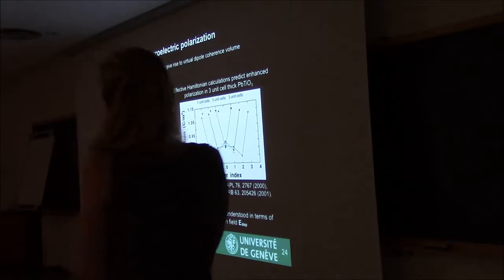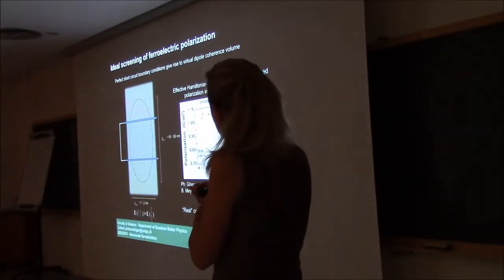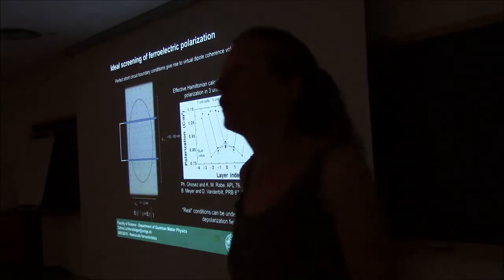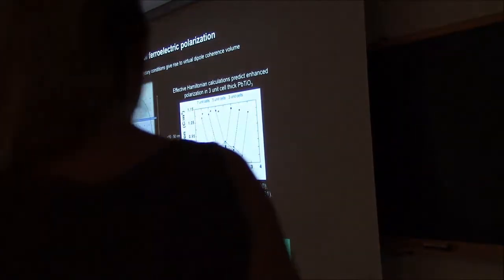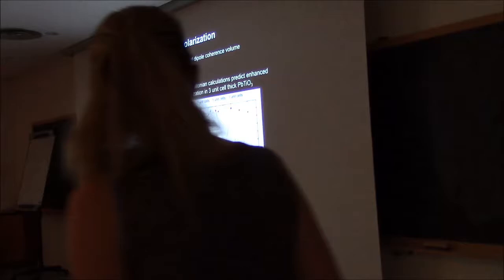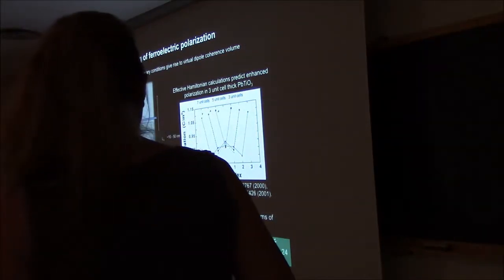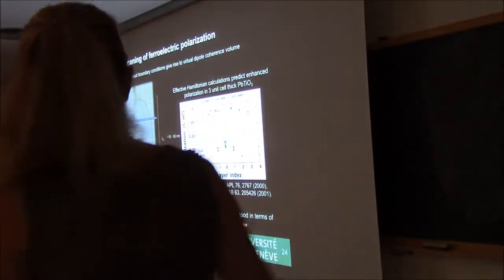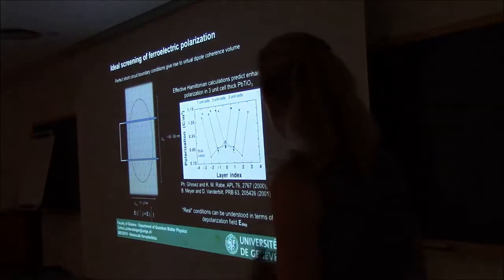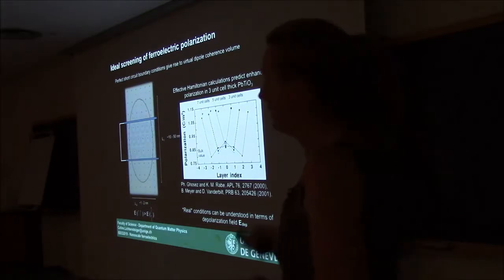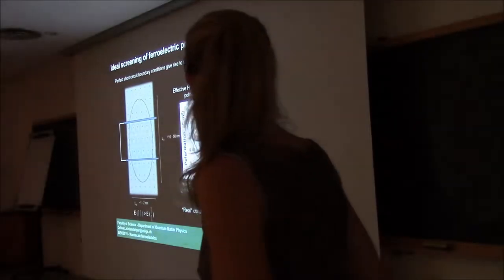And so in principle, if you put perfect short-circuit boundary conditions with perfect electrodes, there is no problem anymore. You can maintain the ferroelectricity. And so there have been some effective Hamiltonian calculations that have shown that under these perfect conditions, you can maintain polarization in very thin films, here just 3 unit cells of PbTiO3.